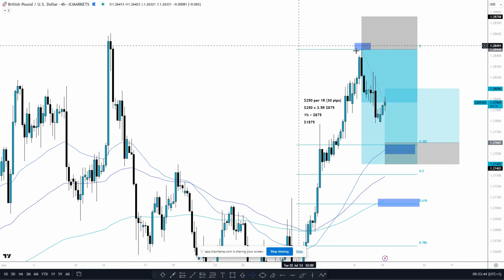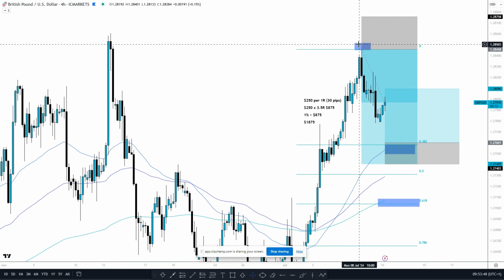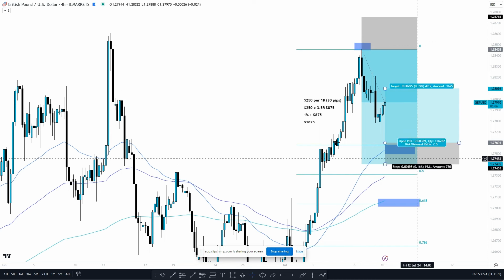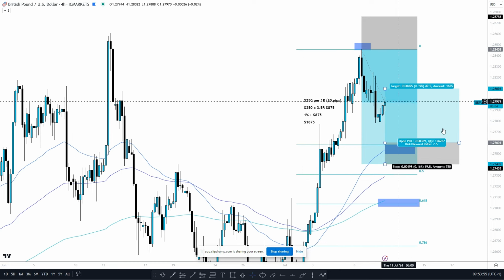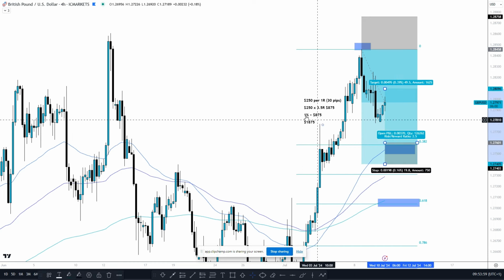So from risking 1,000 up here, I've managed to bank 1,500. I've already made that, and now I will potentially be able to risk 1,875 on this position.